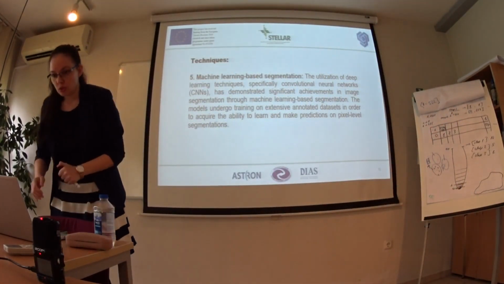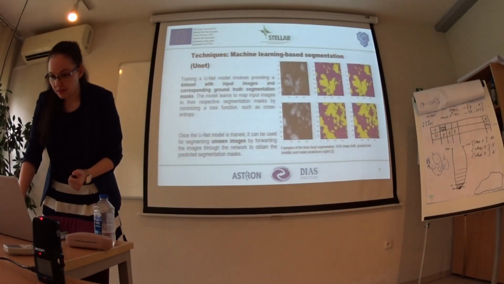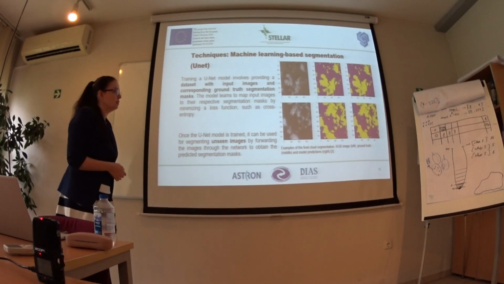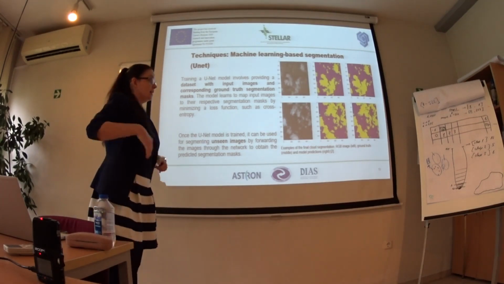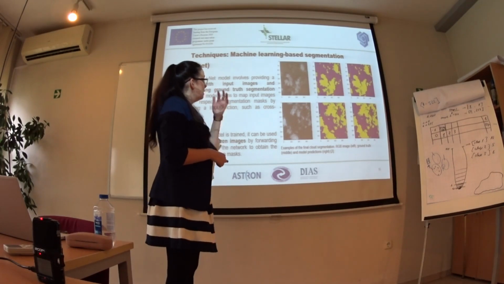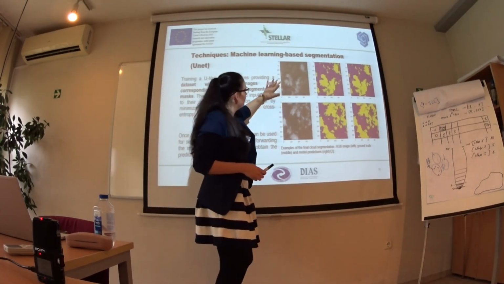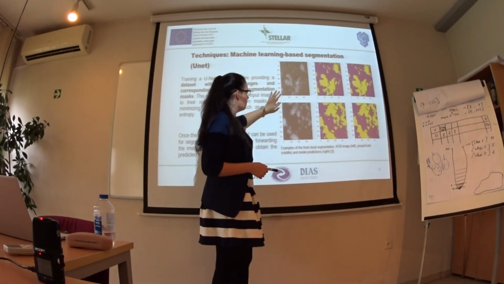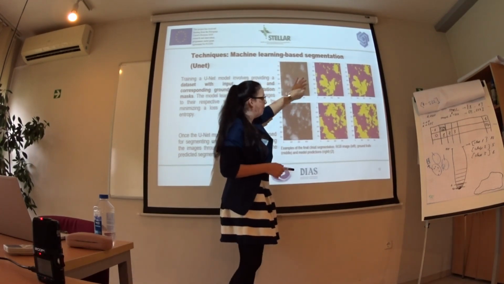Okay. There is one example which I took from the internet because, as I said, I don't have enough data to give it to you. So here it's a cloud. This is the example of cloud segmentation.